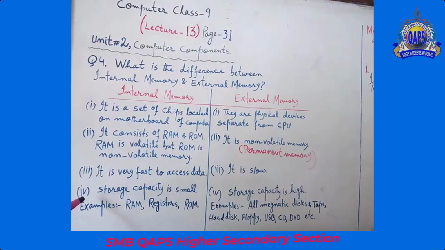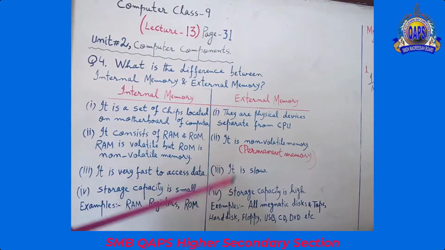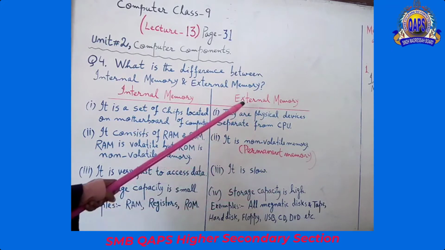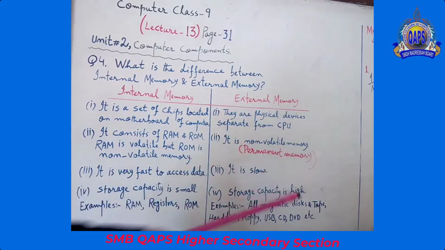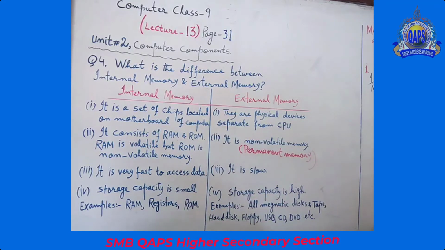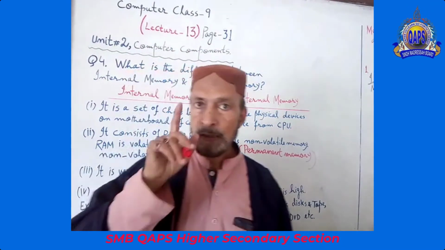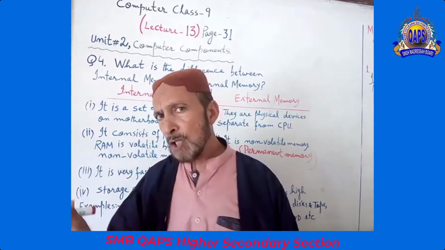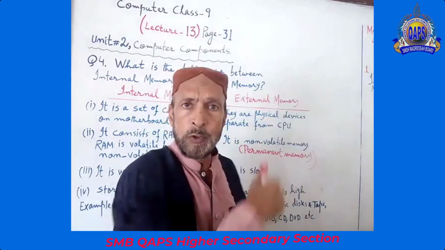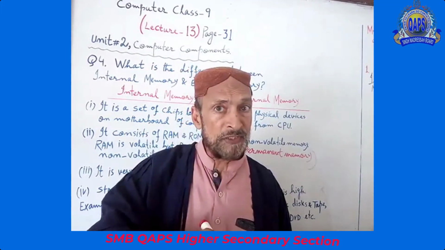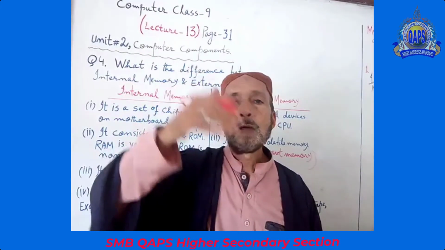Point number four, the storage capacity of internal memory is small, but the storage capacity of external memory is very high. Remember this thing. Internal memory, storage capacity is small. External memory, storage capacity high, very large.